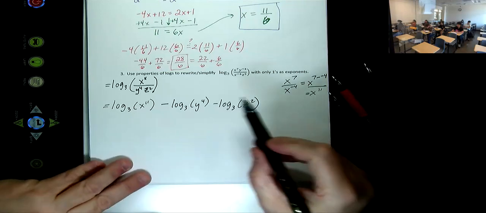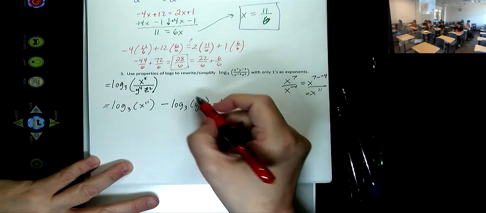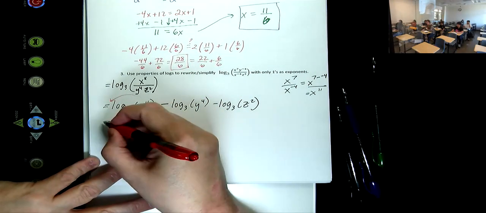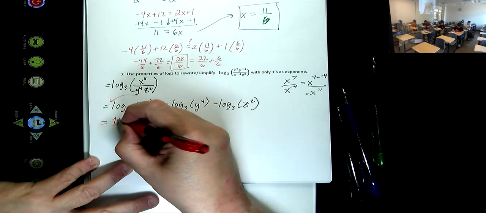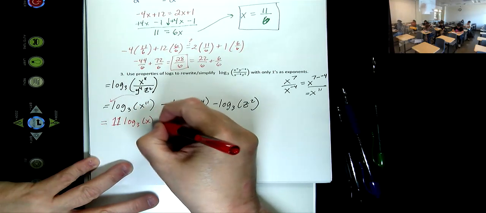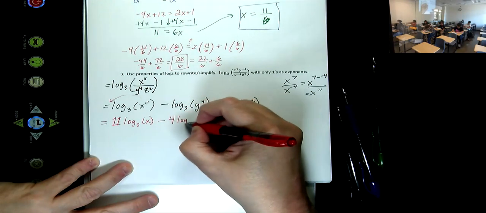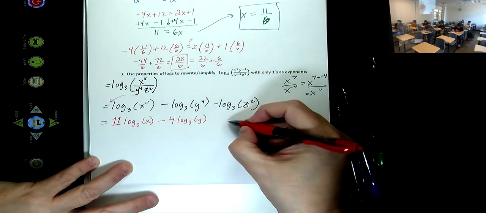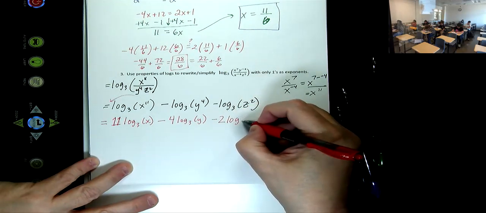And the final step is things that are exponents can come out front. So this should be 11. Maybe I'll use ones like that. Log base 3 of x minus 4 log base 3 of y minus 2 log base 3 of z.